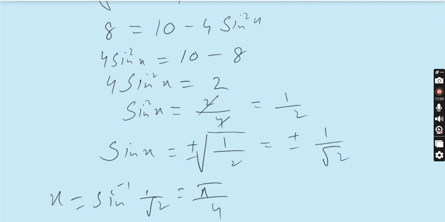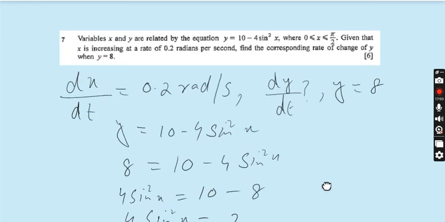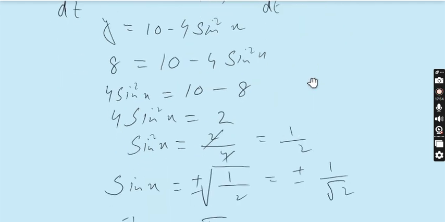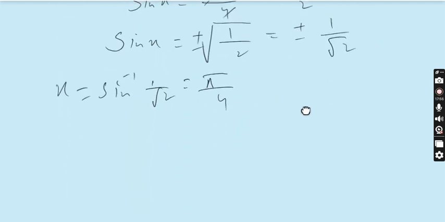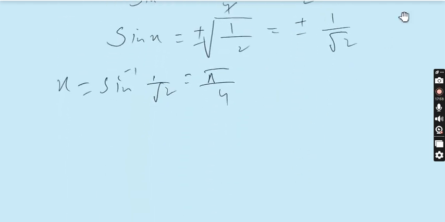You can check from your calculator, but your calculator must be in radian mode. We will not take sine x equals negative 1 upon root 2 because it will give you 3 pi by 4. But in the question, you can see the value of x never goes beyond pi by 2. So x equals pi by 4.